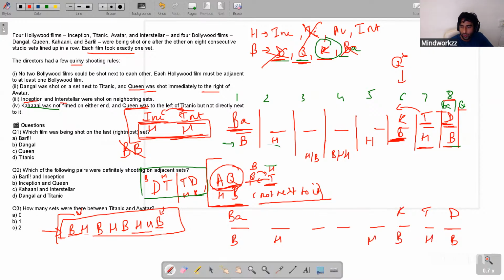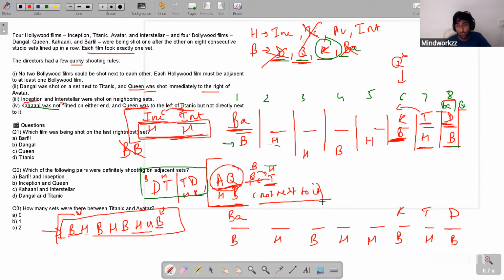And for the rest, I'm going to take an assumption that these two are Hollywood films and this is Bollywood, or this is Bollywood and this is Hollywood. These are the two assumptions which I can take.